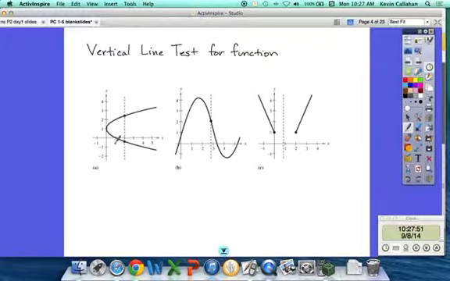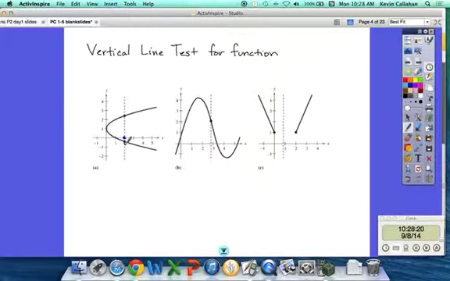A function is a relation that has one y value for every x value. So the reason that this works is because if that is a vertical line, at this x value, there are actually two y values. If you cross in two places, by definition, you just had two values for the same x. That's not a function. A function, we expect one value for the same x.